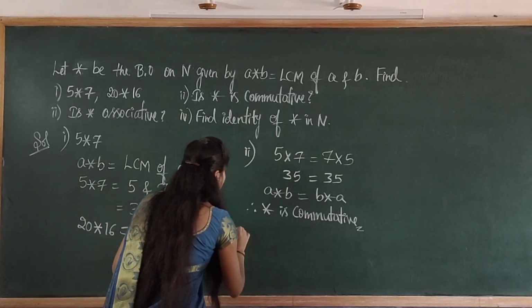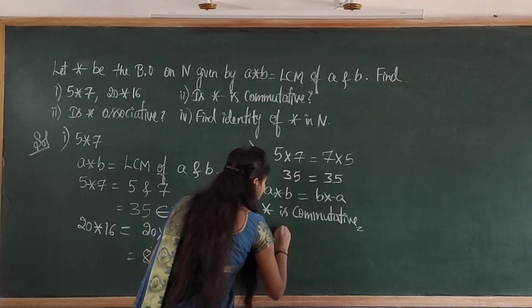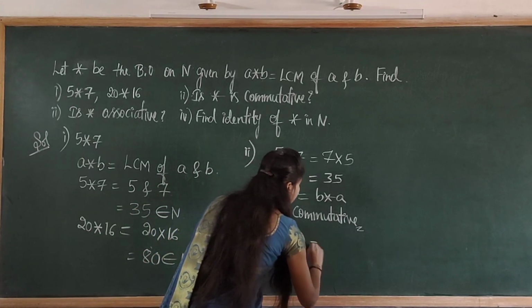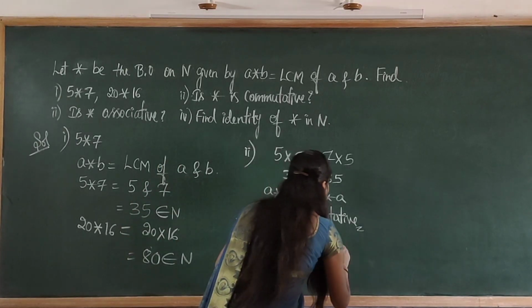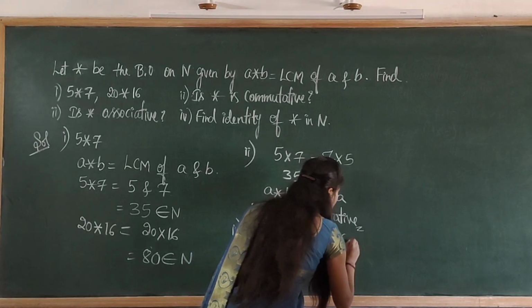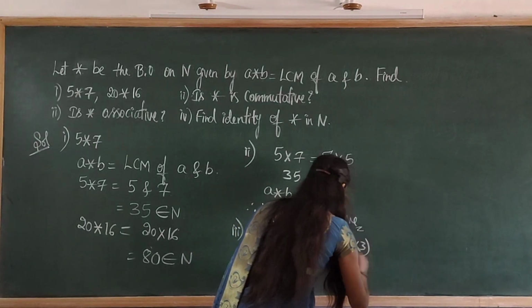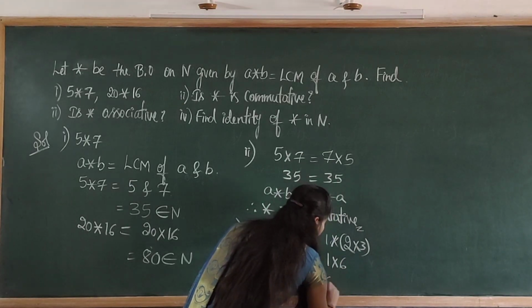The third one. For associative, A star B star C. I will consider A as 1, B as 2 and C as 3. So 1 star 2 is LCM, that is 2, and then 2 star 3 gives 6. We will get 6.